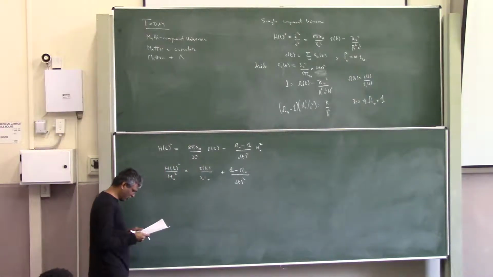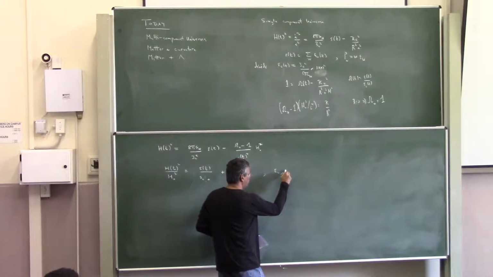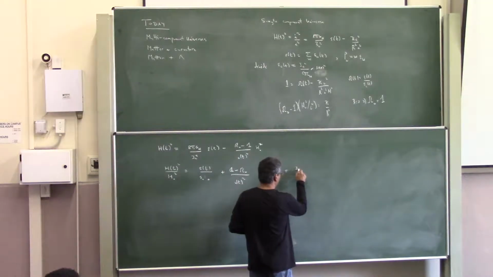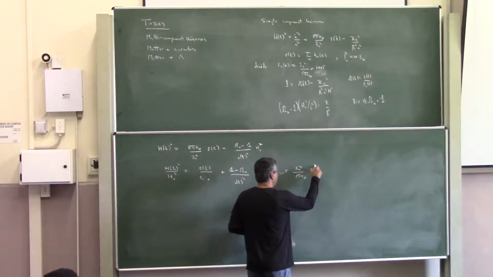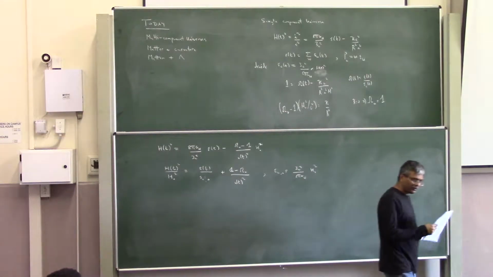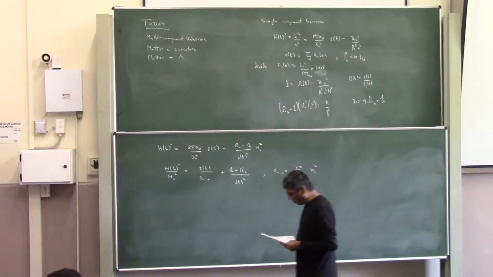Again, just rearranging terms. Here epsilon critical 0 is 3 c squared over 8 pi G Newton H0 squared. So we've done a bit of algebraic manipulation in order to re-express things in this form.